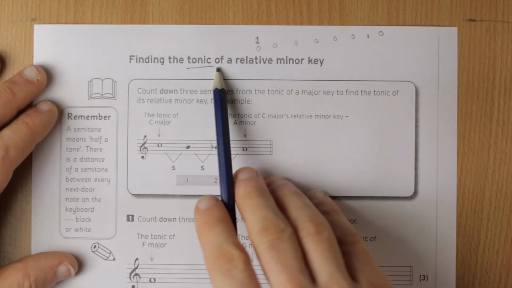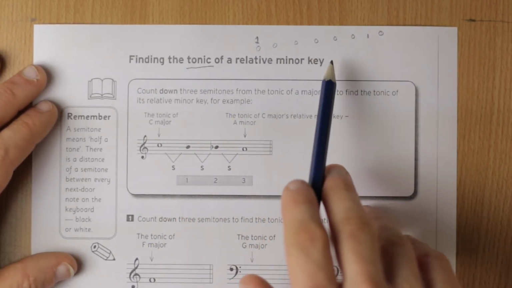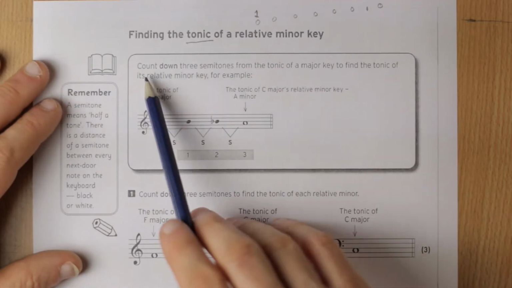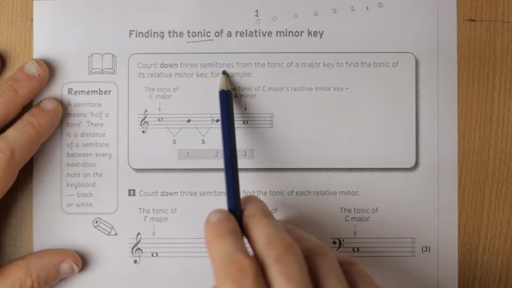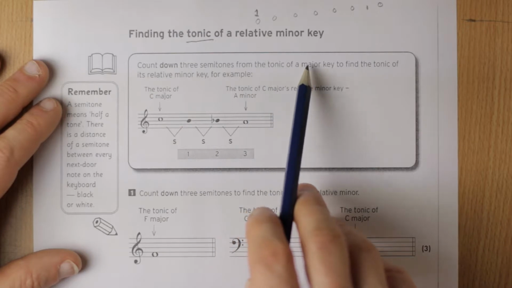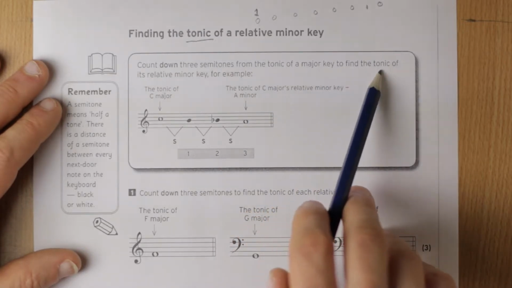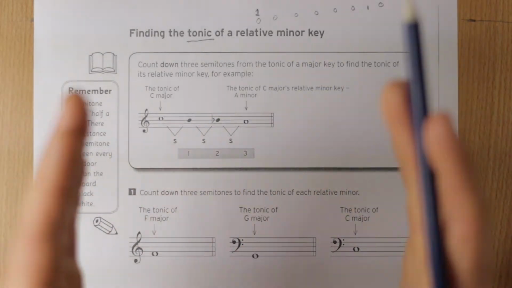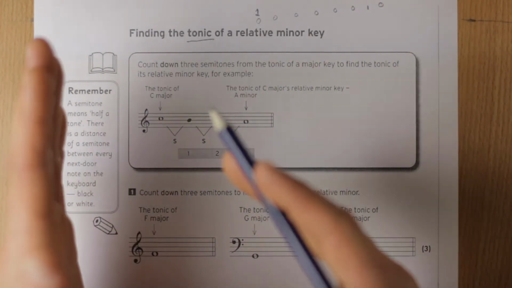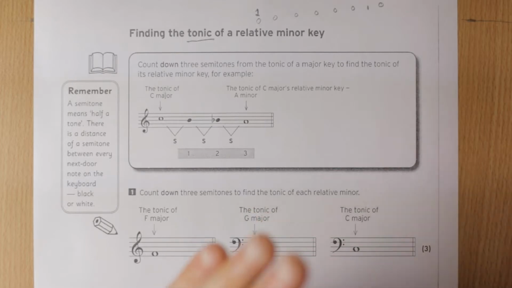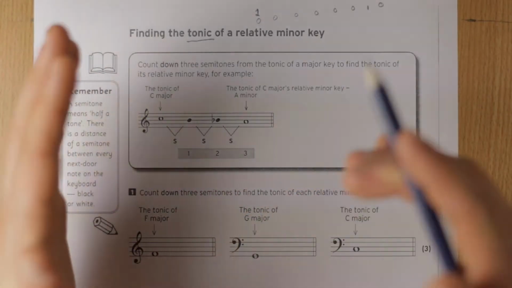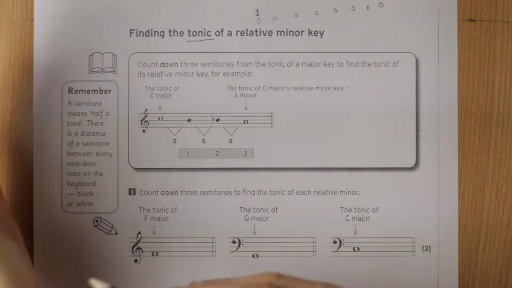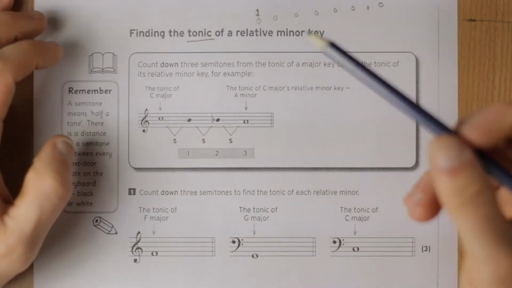So, finding the tonic of a relative minor key. Let's have a look. It says count down 3 semitones from the tonic of a major key, and you'll find the tonic of its relative minor. So that's the relationship between the major and the relative minor. The relative minor will be 3 semitones lower than the major.